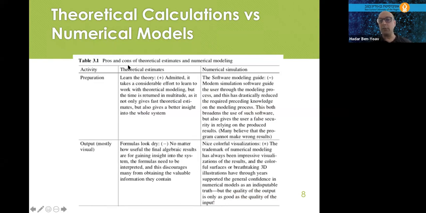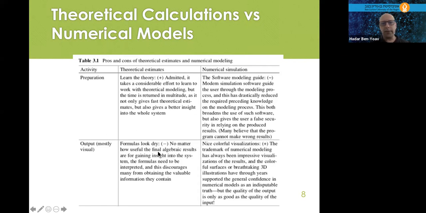In the theoretical model, it's a plus because you really need to learn the theory, which provides you better insight into the whole system. Numerical simulation is more of a software modeling guide. The tutorial tells you exactly where to put all the parameters and you run it. So you don't really know exactly what parameters you need to add in order to get a more accurate estimation.